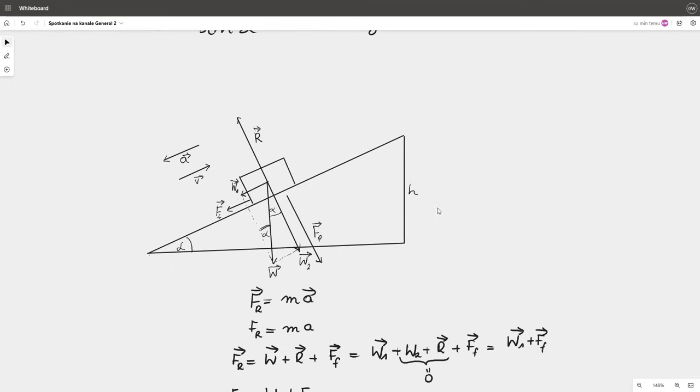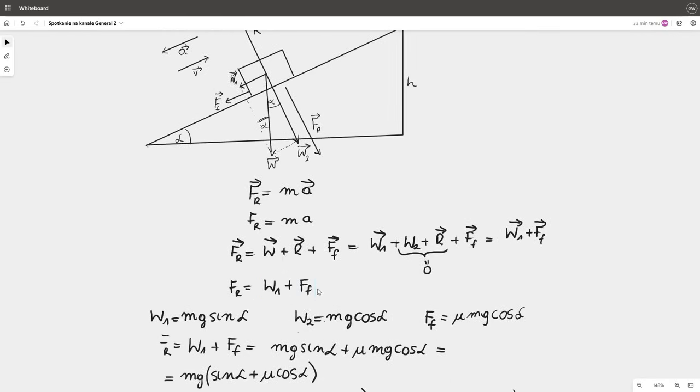Component W1 and friction force Ff are directed the same, so in equation for magnitude of resultant force there will be plus instead of minus. You can see it here. W1 and friction force have the same direction, and here is plus.